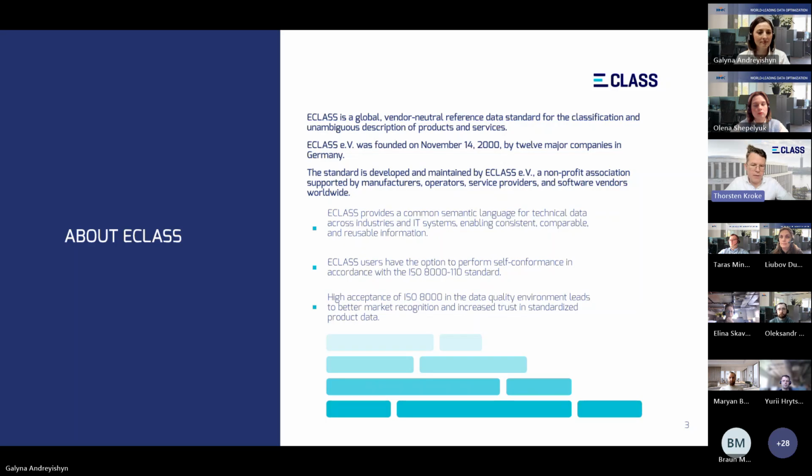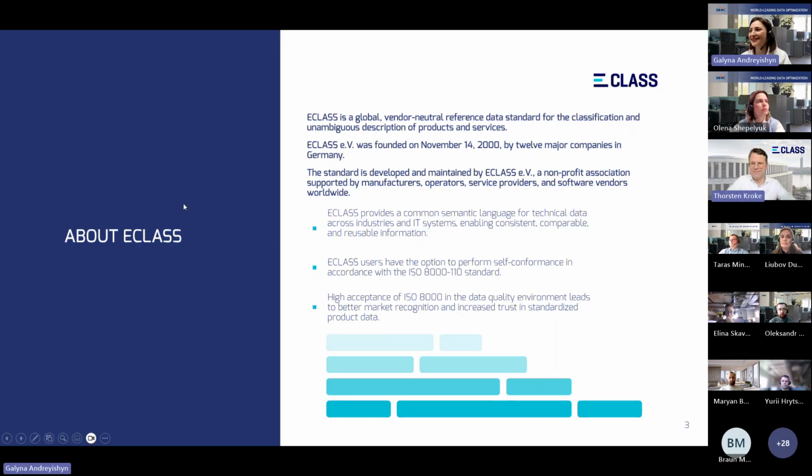And we are really proud that ECLASS is in full accordance with the ISO 8110 standard for the quality options, and is also based on the IEC 61360 and ISO 29002. That means it is a fully ISO and IEC compliant data model and preparation for the data exchange, and that leads to better market recognition and acceptance. And we now have 26 years of experience, so this is already a proven semantic standard.